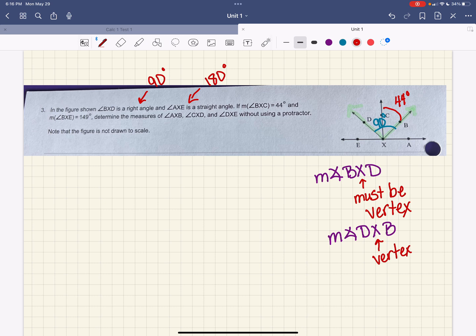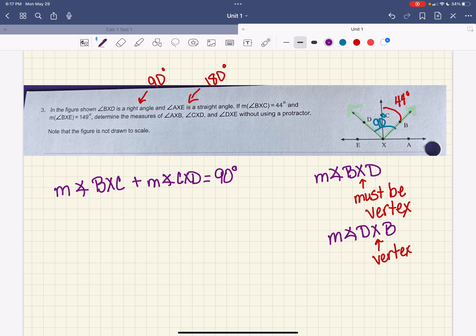Okay. So what we know right now is that the measure of angle BXC plus the measure of angle CXD is 90 degrees. We already know that BXC is 44 degrees.